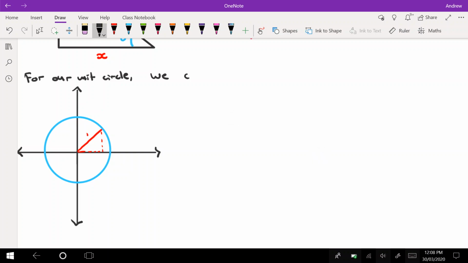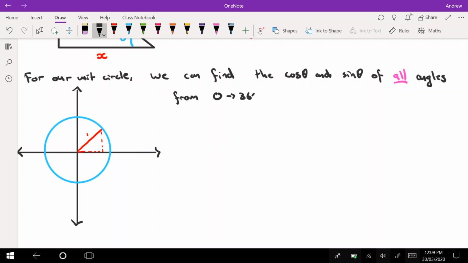So for our unit circle, we can find the cos theta and sine theta of all of our angles, of all angles from 0 all the way to 360. Because there are 360 degrees on a circle, I could just go all the way around, and I'm going to find my x and my y value for each one. And so I can find a sine theta and a cos theta for each one.